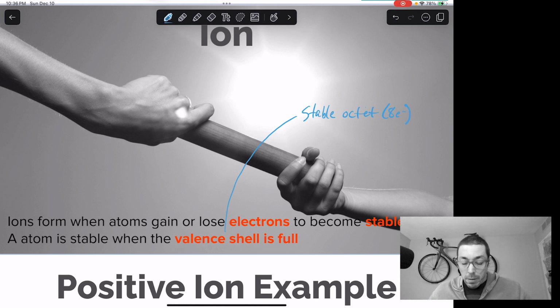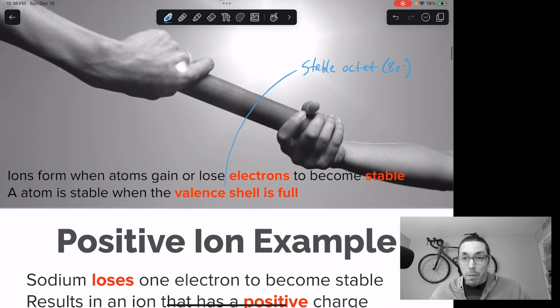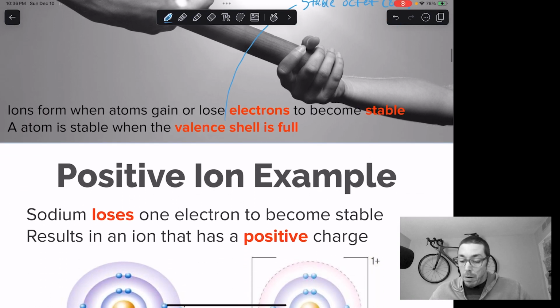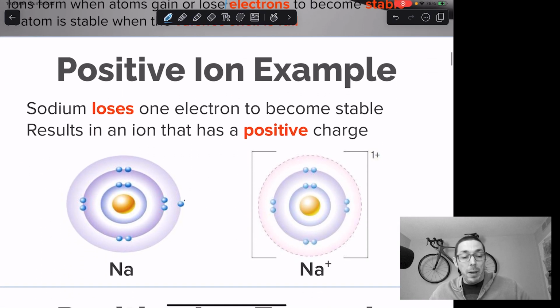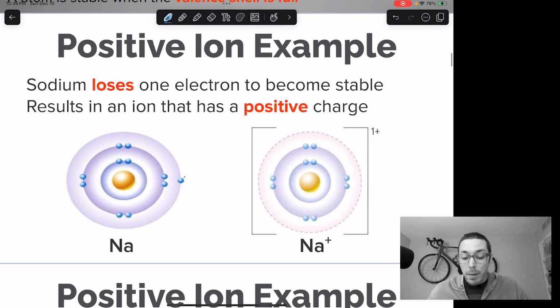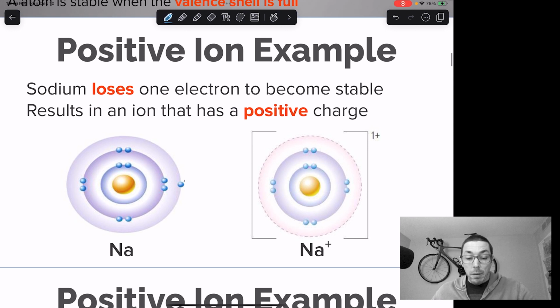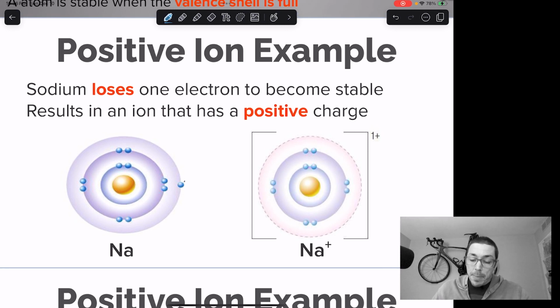So that's generally why ions are created, is to make the atom more stable in terms of energy. Things are always preferred to be in a lower energy state than a higher one in nature, so ions are a way of doing that in chemistry.